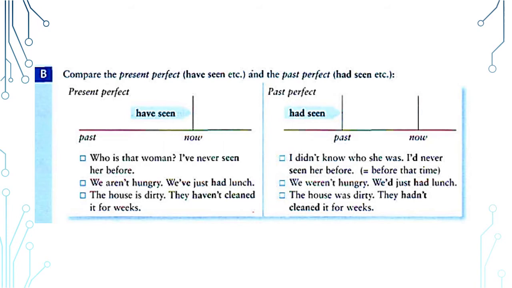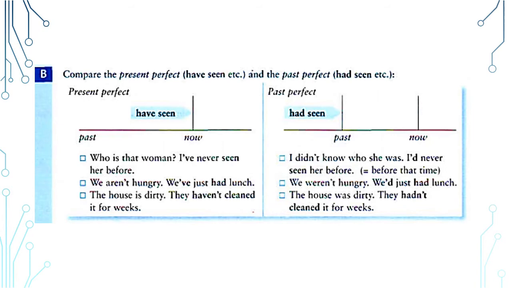We aren't hungry. We have just had lunch. We weren't hungry. We had just had lunch in the past. The house is dirty. They haven't cleaned it for weeks, for ages.